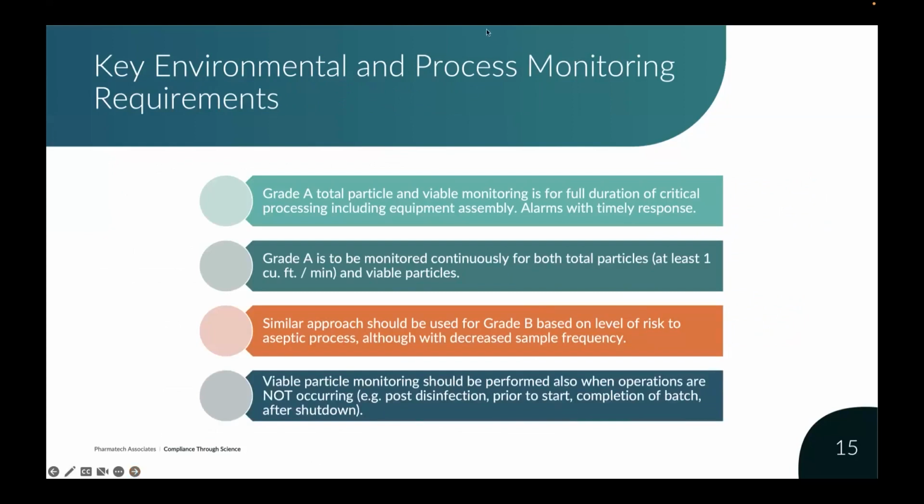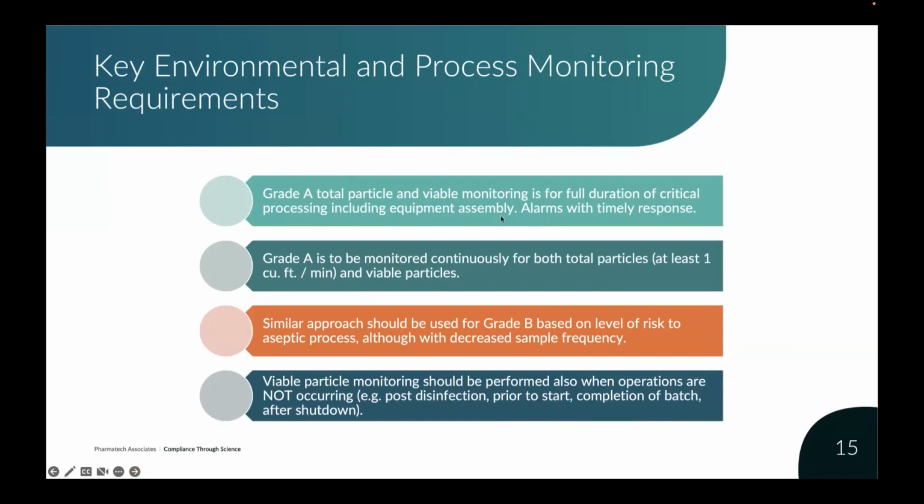So these are some particular aspects also of importance that have been mentioned in the revision. Some of these are new, some are not. For grade A, total particles and viable monitoring is for the full duration of critical processing, which was correct from before, but also includes equipment assembly.